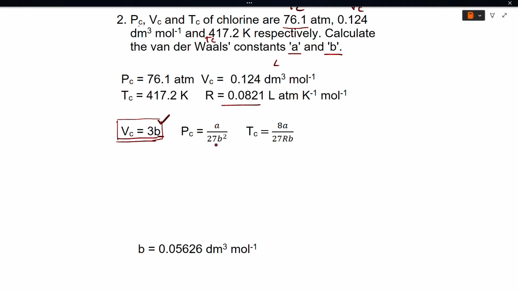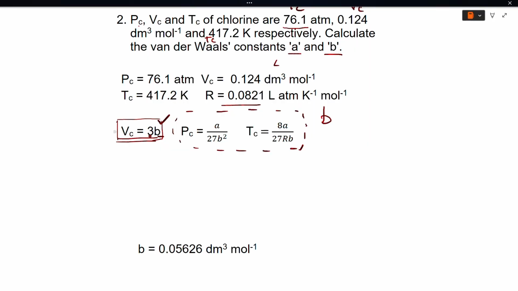These are two equations showing the relation between PC and TC, and these two relations give a different value for B. It has been found that if we take these two together and evaluate B, that gives a more accurate value than calculating B from this.